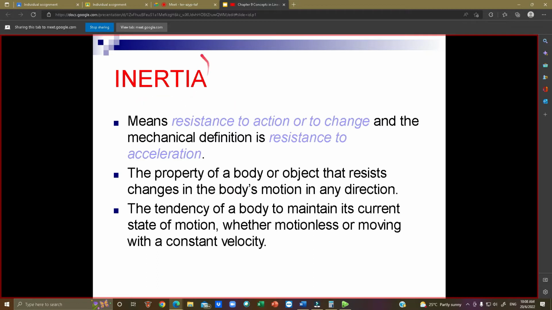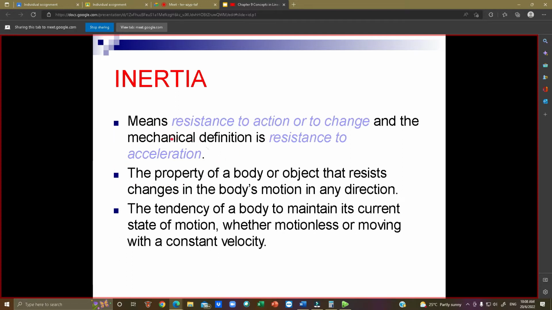When we talk about inertia, we have a direct relation with the mechanical basis of human motion, which is Newton's first law of inertia. Okay, so inertia means a resistance to action or to change, and the mechanical definition is a resistance to acceleration.